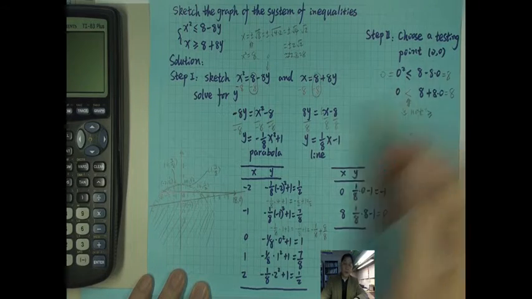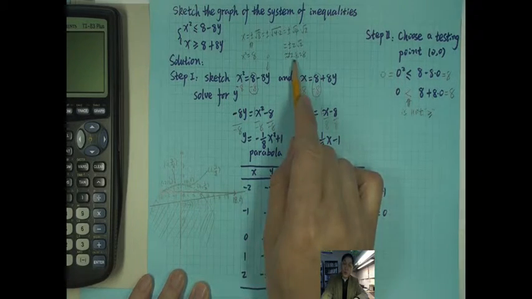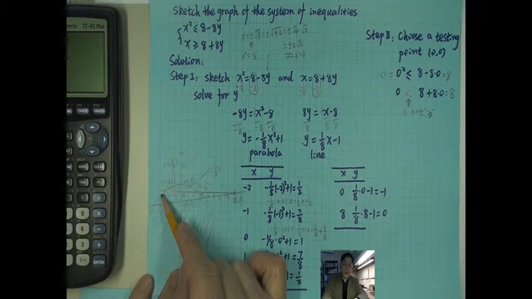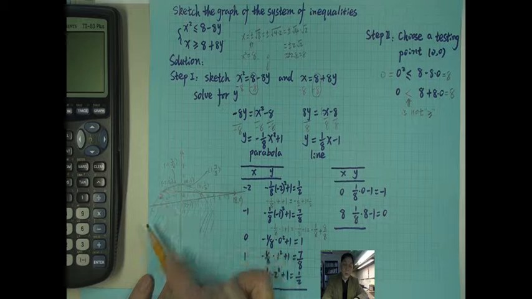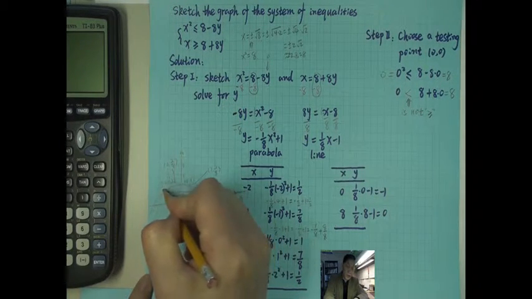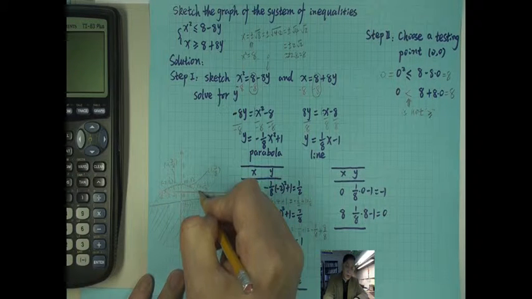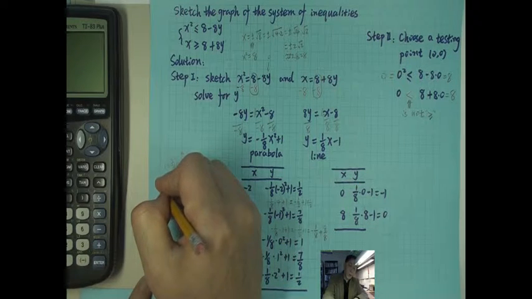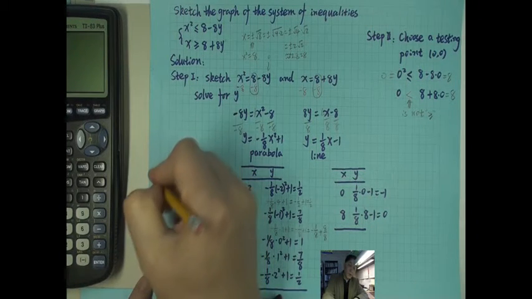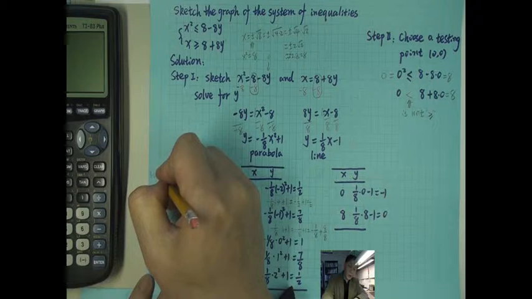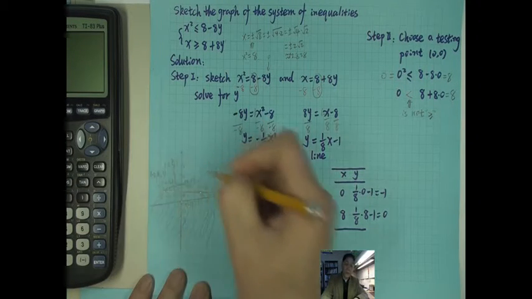So 2.8 is quite close to 3, and negative 2.8 is also quite close to 3. It's not really 3 yet. It's the point right here. That's the intersection. So you may mark here negative 2.828, 0.